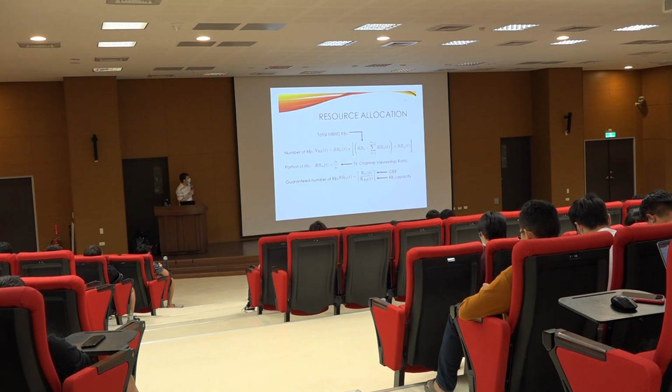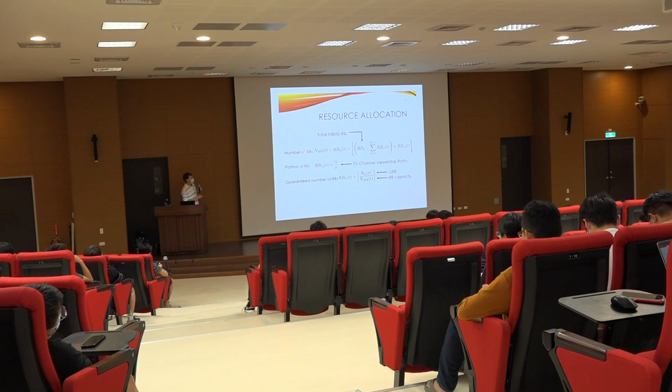Now, what does this translate to in terms of resource allocation? So, what we could do is just use a very simple concept of a proportional fair resource allocation scheme. So here, we assume NRB is the number of resource blocks we assign to TV channel T, then we'd say what's a guaranteed bit rate we want to assign.